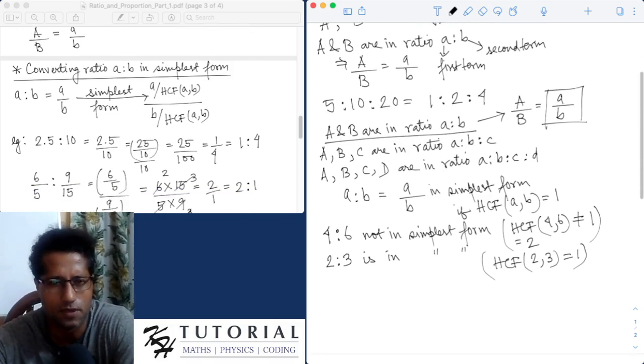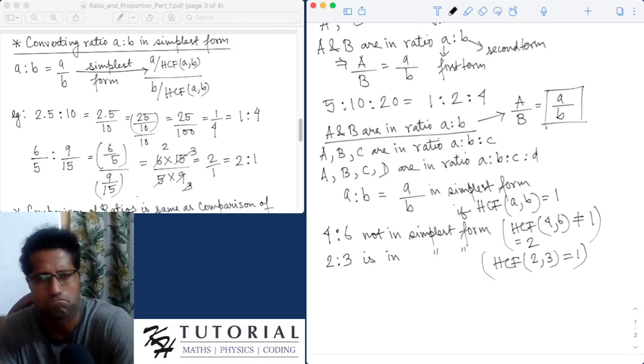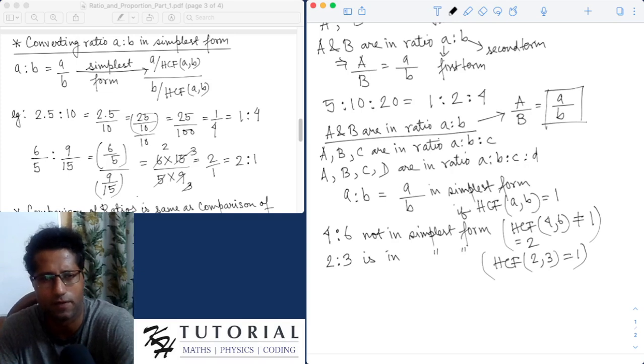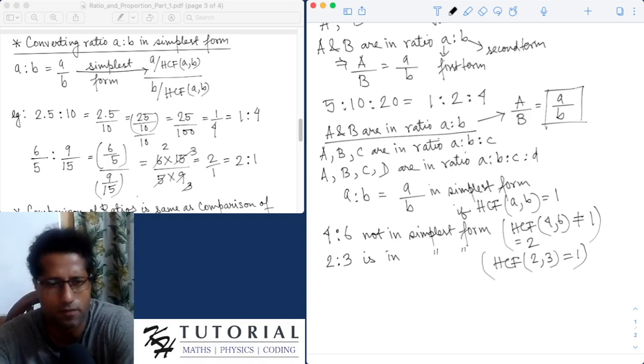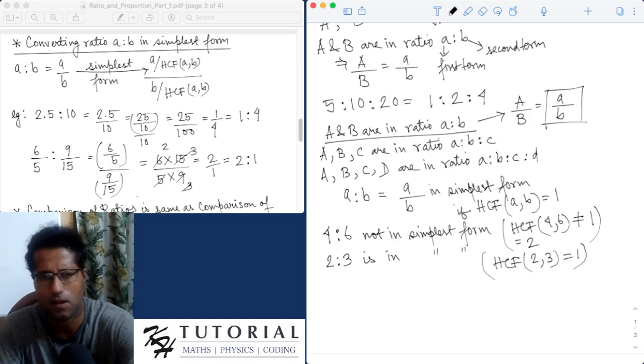As an example, you see the ratio 2.5 is to 10. We are given the ratio 2.5 is to 10, which is nothing but 2.5 by 10.